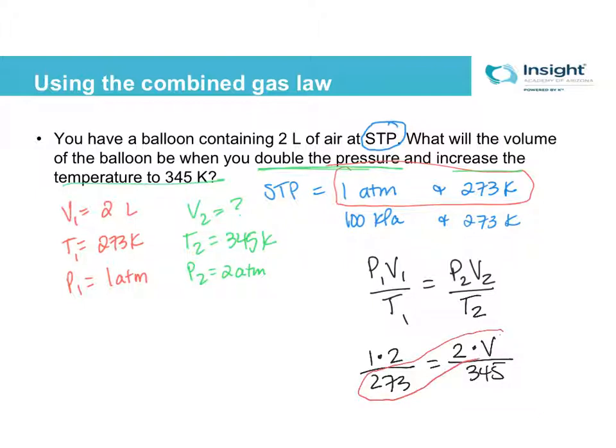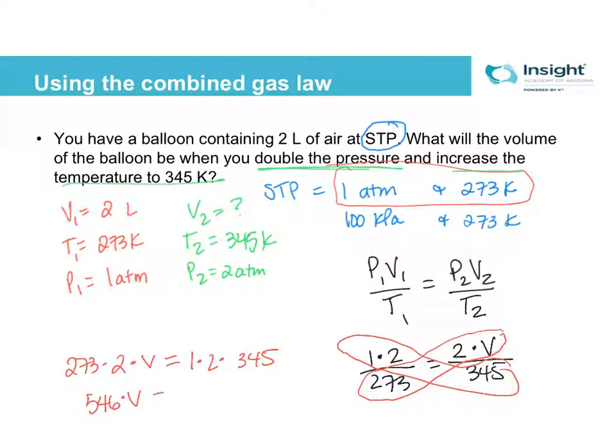So multiply these guys together. So I'm going to have 273 times 2 times V is equal to 1 times 2 times 345. So let's simplify this. So that's going to be 546 times V is equal to 1 times 2, which is 2, times 345.